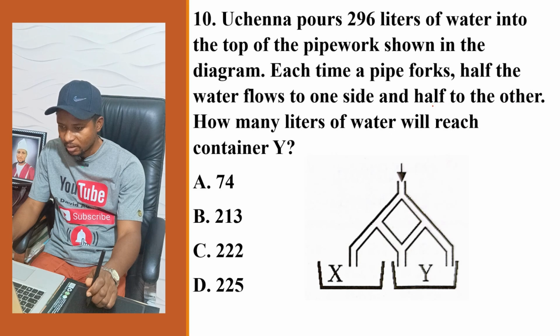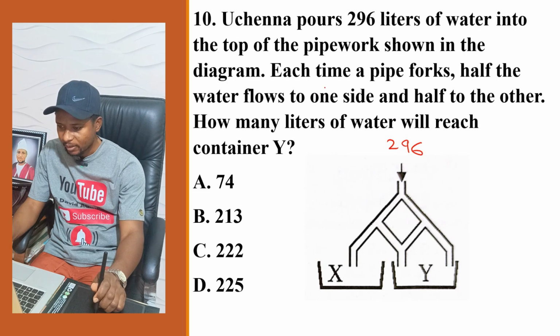Number 10. Uchenna poured 296 liters of water into the top of the pipework shown in the diagram. Each time at a pipe junction, half of the water flows to one side and half to the other side.